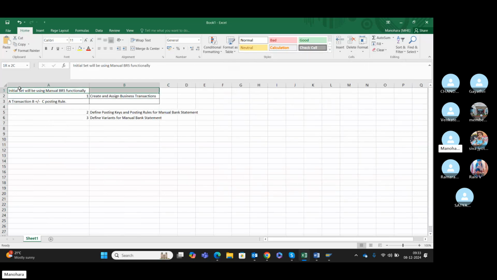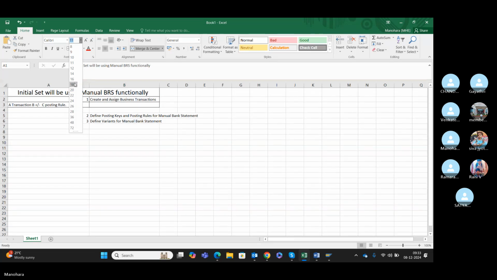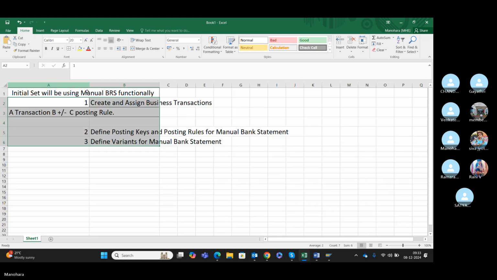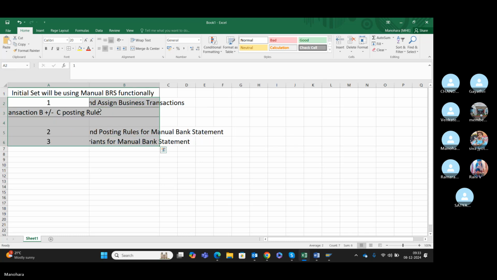So this is manual BRS. Okay, now it's visible, right? My screen, the Excel sheet, it's fine.